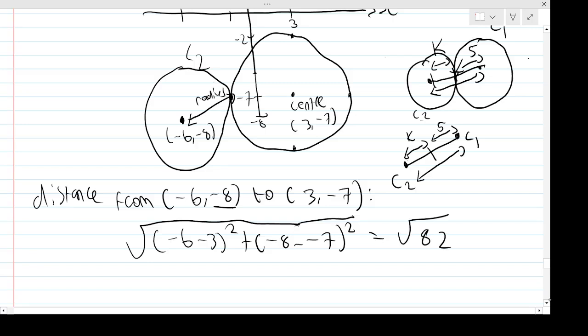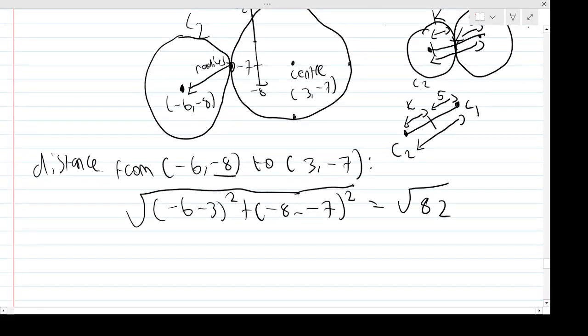Cool. Okay, so now we've got that. So we've got this distance to be root 82. If we know this whole distance root 82 from C2 to C1, and we know the distance from the cut-off point, the intersection, to the centre is 5 at C1, I can work out this distance here.